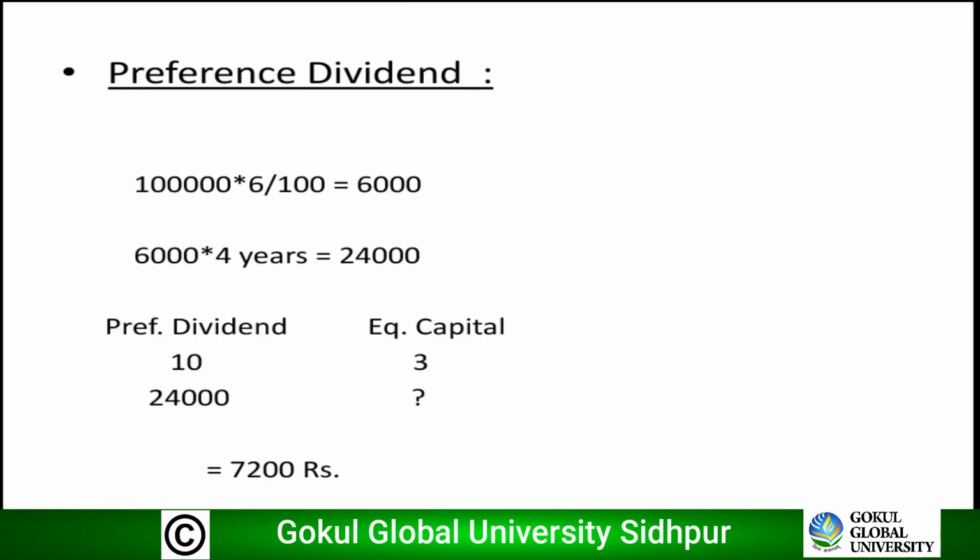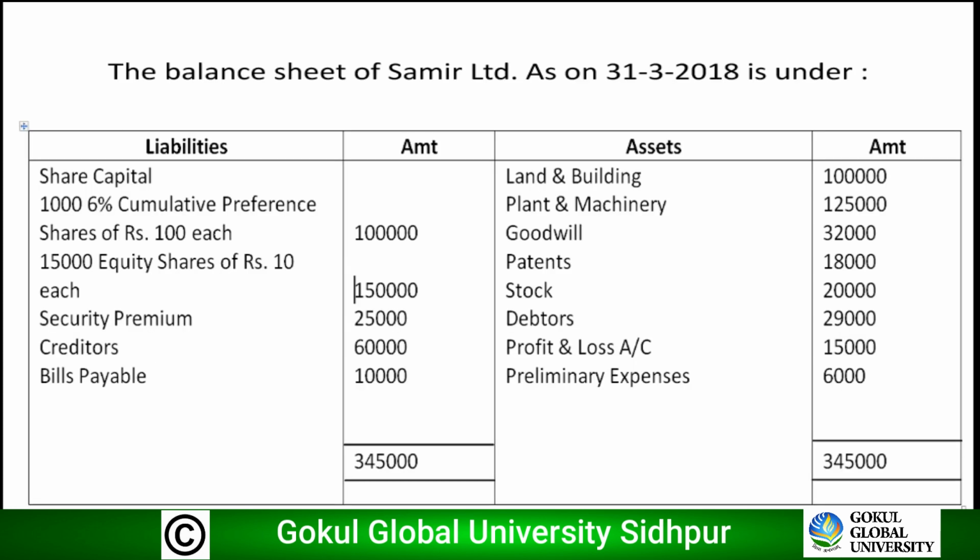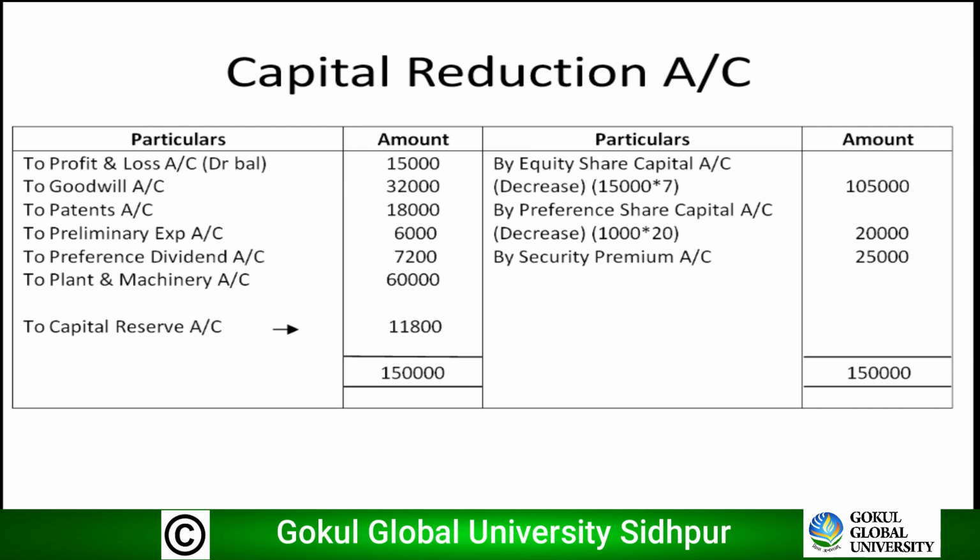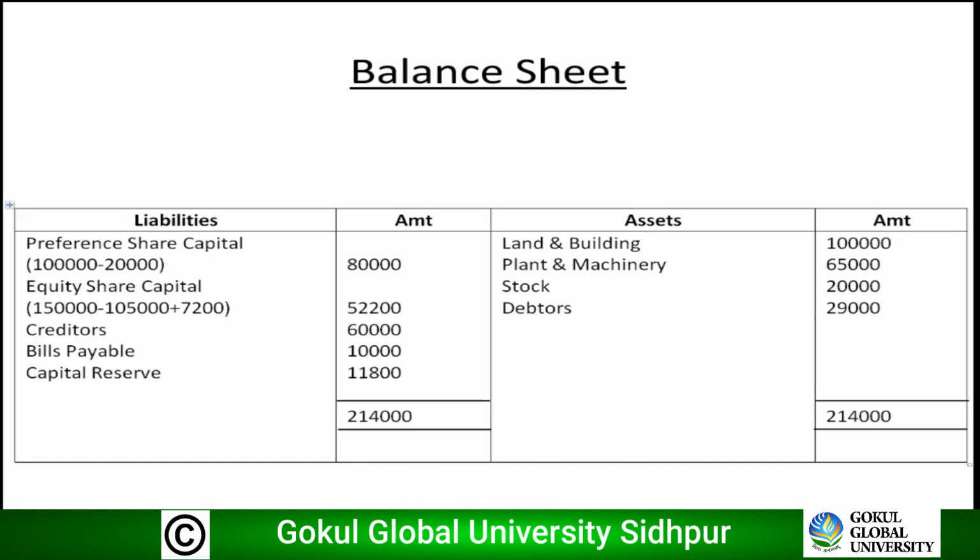See old value of equity capital 1,50,000, and reduction price is 1,05,000. So 1,50,000 minus 1,05,000 plus 7,200. Because we have issued new equity capital, it will be added in equity capital. So net amount is 52,200.